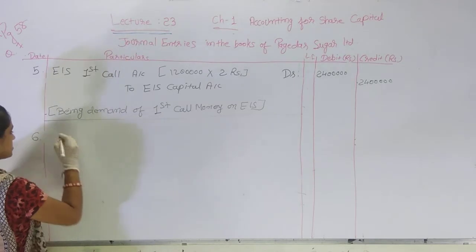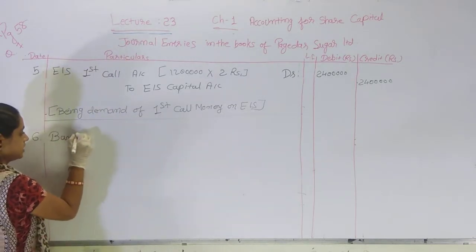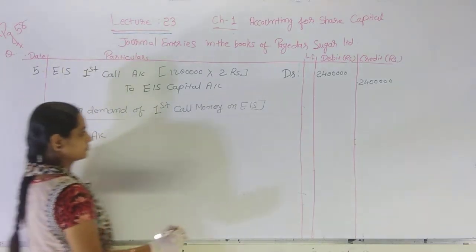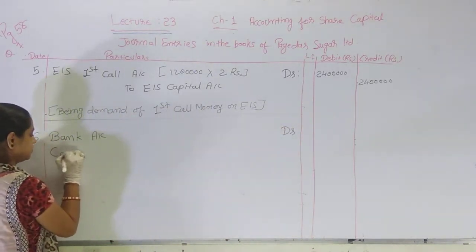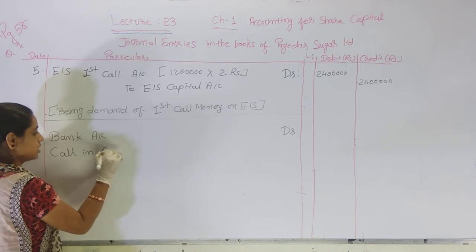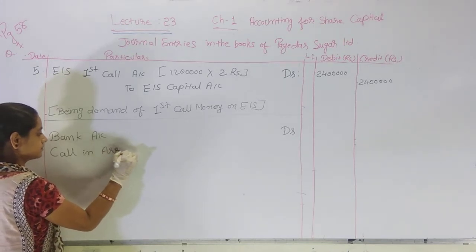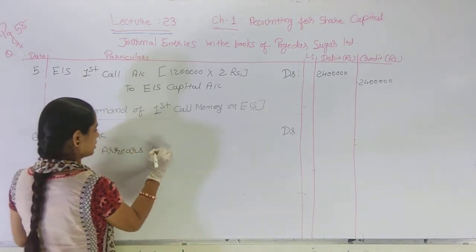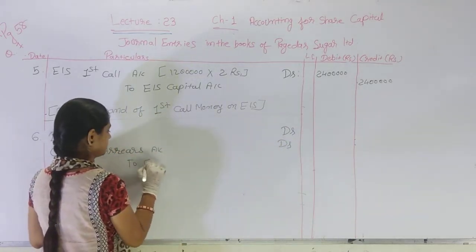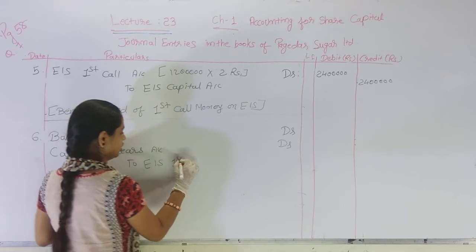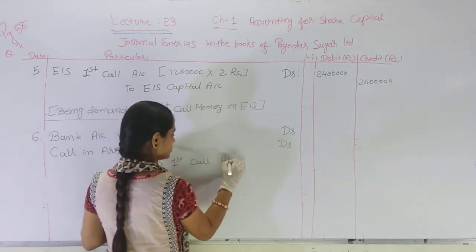So, first of all, we have to write bank account debit. Then the next will come call in arrears account debit to equity share first call account.